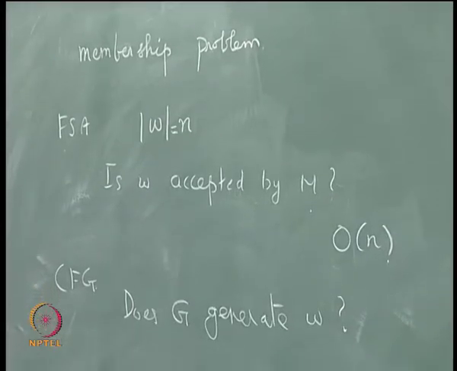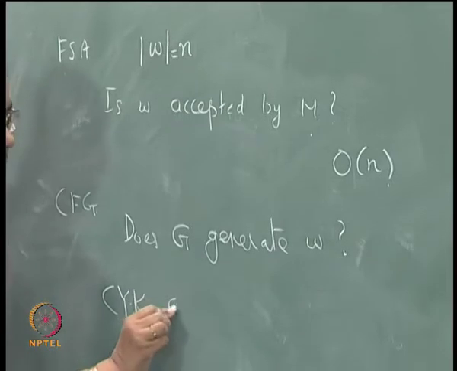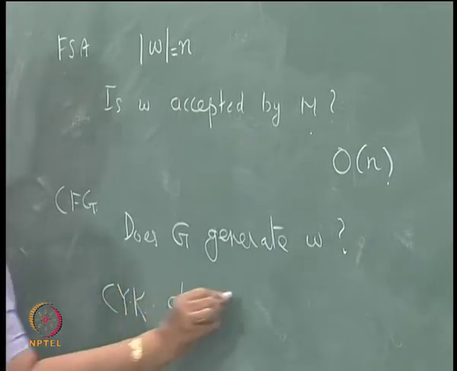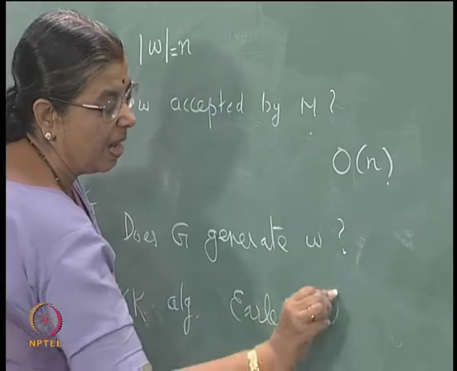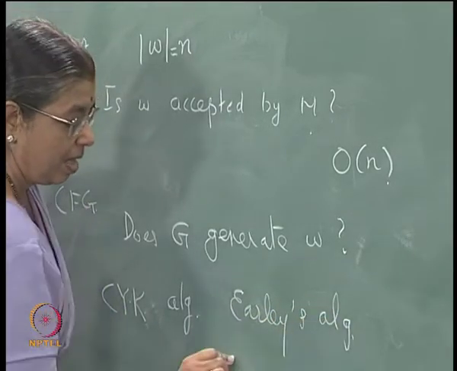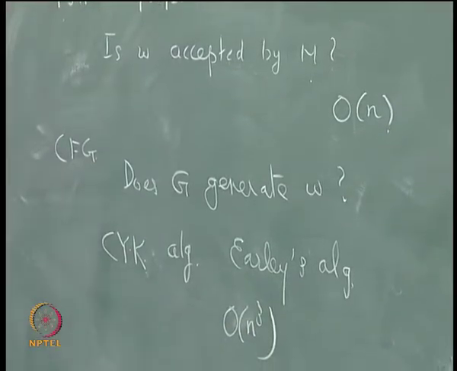This is the membership problem for context free languages. There are algorithms like the CYK algorithm, the Cocke-Younger-Kasami algorithm, and Earley's algorithm, which solve this problem in order n cube time.